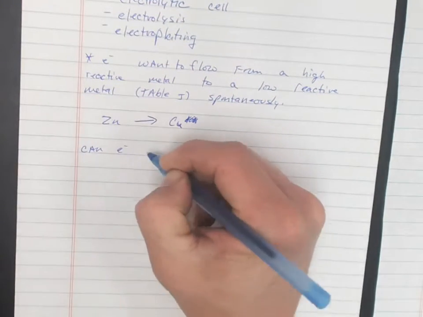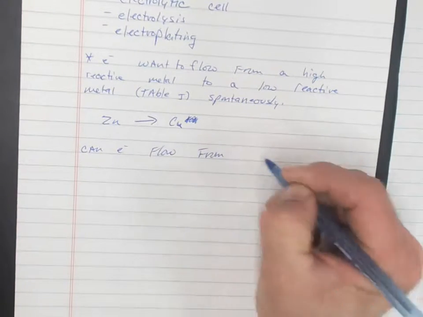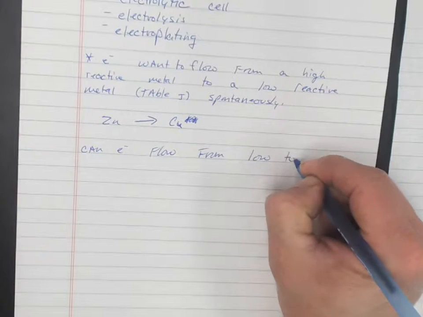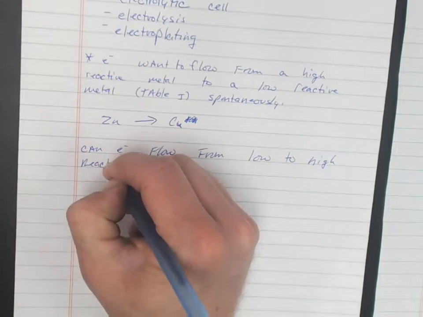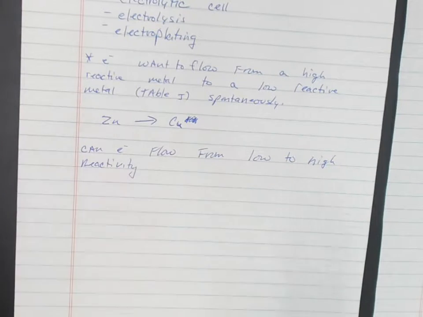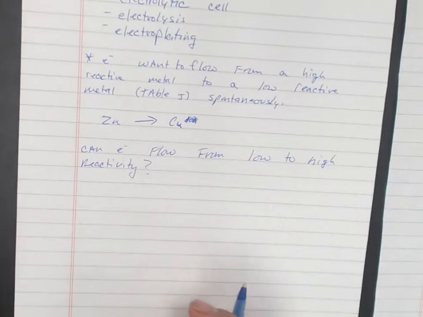So, can electrons flow the other way, from low to high reactivity? Any thoughts? I agree with you, Zoe, they can, but what do you have to do? You've got to provide a constant input of what, Cassie?